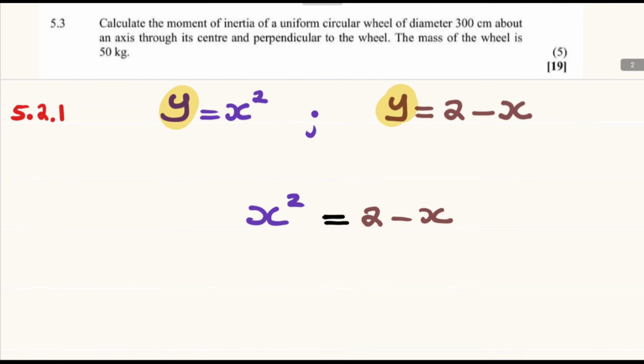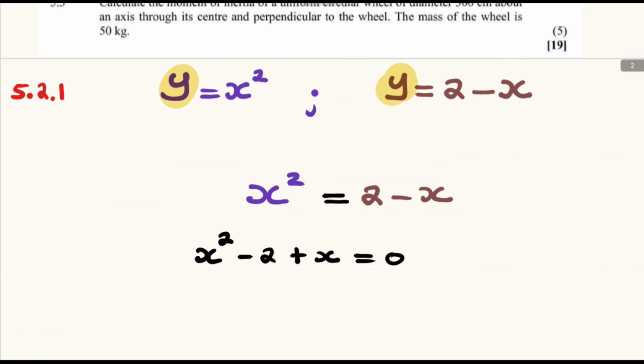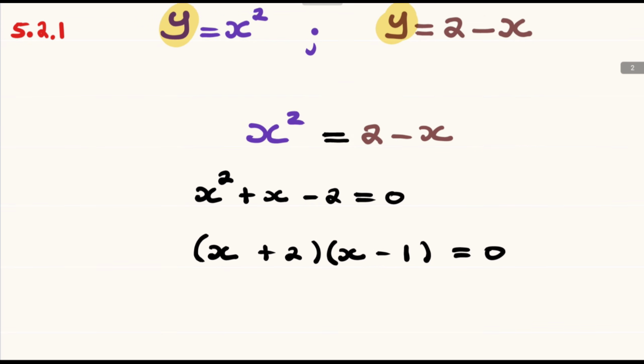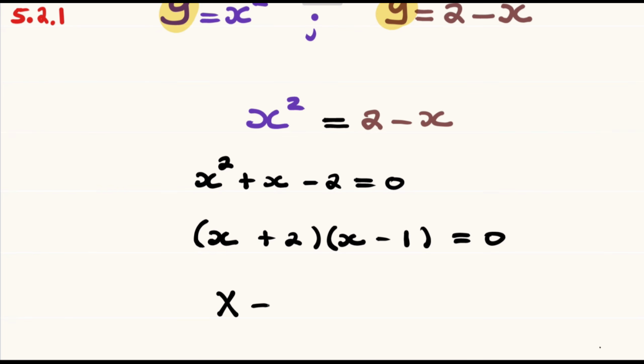We transpose the 2 minus x such that we will have x squared minus 2 plus x, which will be equal 0. Now we factorize. The factors of the x squared will be x and x. The factors of the negative 2 will be positive 2 and negative 1. So our x will be equal negative 2, or our x will be equal 1.